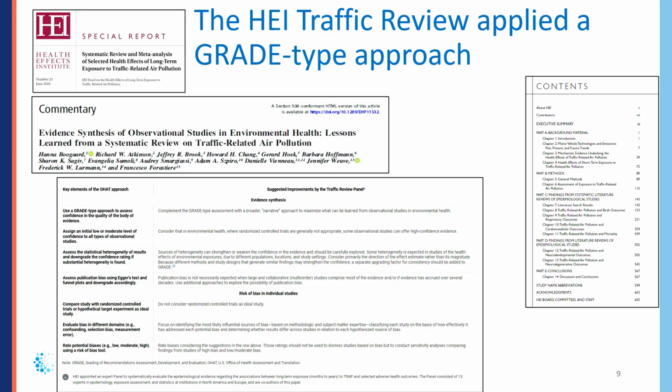As part of the HEI review on health effects of traffic-related air pollution, there was also a long discussion of the optimal tool to be used to assess confidence in the evidence of causal effects of traffic-related air pollution on health. And the final decision of the expert panel was to use a combined approach, first to integrate a modified GRADE tool. GRADE, for those that are not familiar, starts with some classification based on the design of the studies included in the review, and then downgrades or upgrades the confidence in the association depending on certain factors.